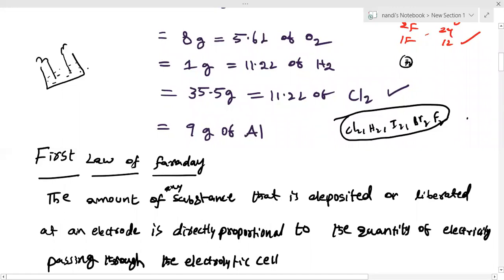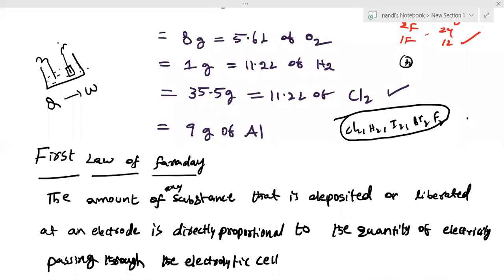But if I send some Q amount of electricity, how much weight is deposited at the electrodes? That is what we are going to calculate. So the relation between electricity and the amount of substance depositing at electrodes is what we are looking at here. That relation was given by Faraday.